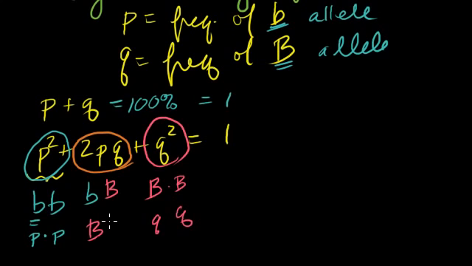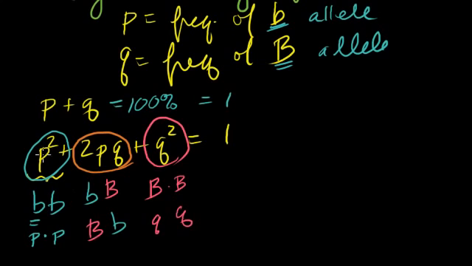I don't know anything about these parents, so if I'm making no assumptions, I just have to assume that the probability that I get an allele from either one of them is equal to the frequency in the population. So there are two ways of getting these. The probability of this combination is P times Q. The probability of this is Q times P, which is the same thing. You add them together, you get 2PQ. So this is essentially the frequency of the hybrids in the population.